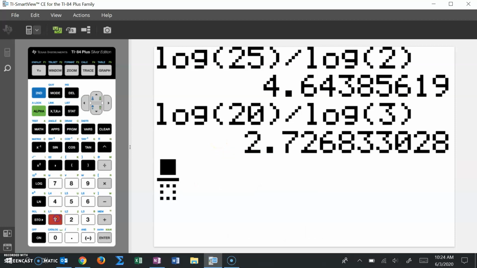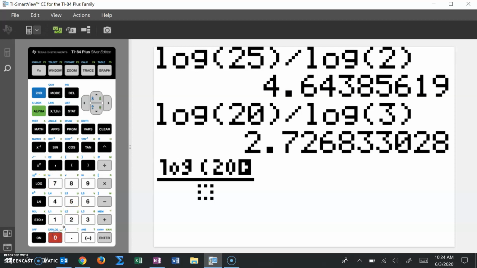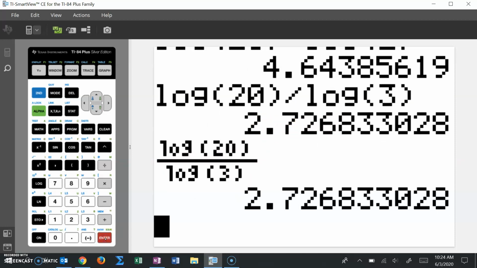So we choose option 1, it gives us a numerator and denominator, and we can just type in log 20 over log 3, and we don't have to worry about the division symbol and doing a log of 20 divided by 3. We can just do log 20 over log 3. So it's just another way to enter it in the calculator.